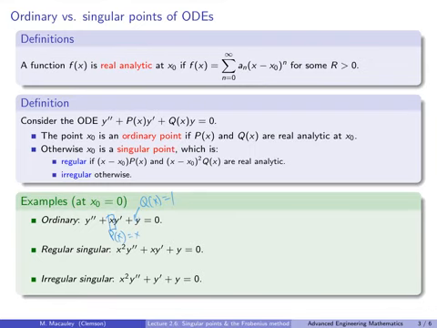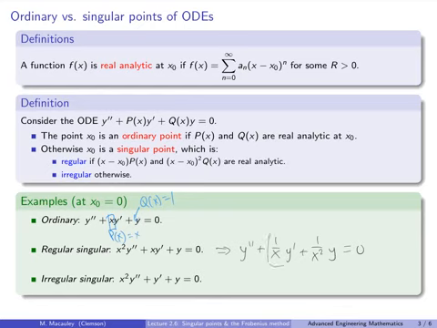Okay, the second example, I claim that 0 is a regular singular point in this equation. So here's why. We have to write this equation in this form. And the key here is y double prime is monic. So we have to write this equation as y double prime plus, now x over x squared, that's 1 over x, y prime, plus 1 over x squared, y equals 0.